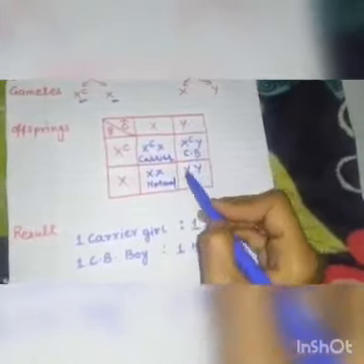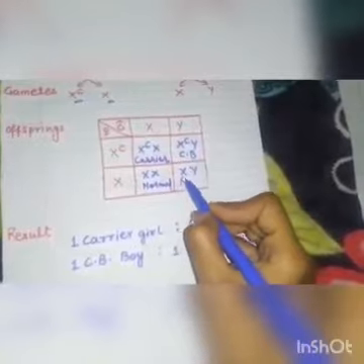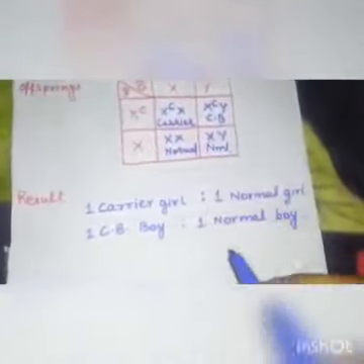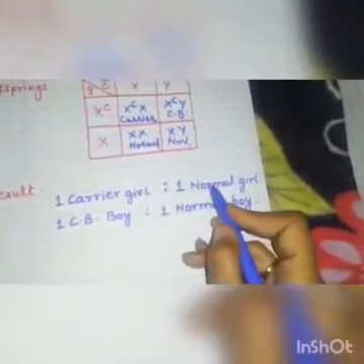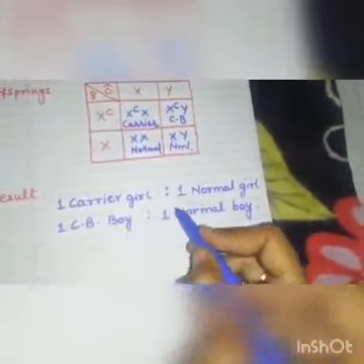X and X is a normal female, and X and Y is a normal male. Here the result produced at the F2 generation is one carrier girl, one normal girl, one colorblind boy and one normal boy.